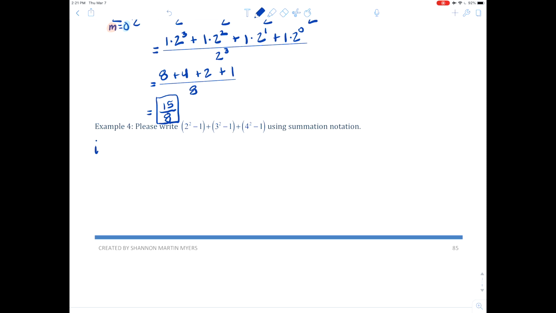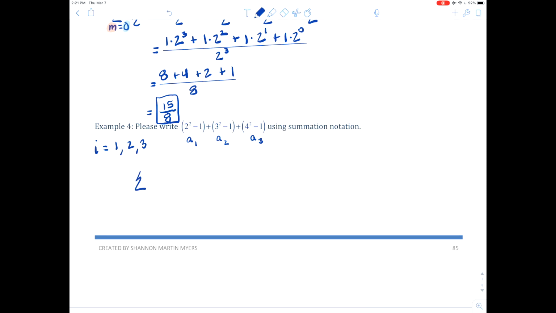So I equal 1 to 3, right? Because this would be A1, A2, and A3, okay? And then the plus signs make it a summation. Cool? So if we do that, what do we need to do?